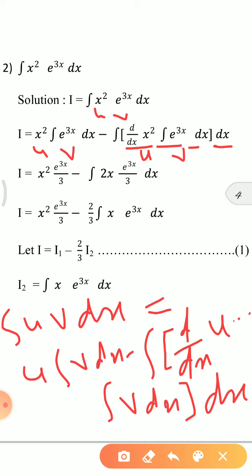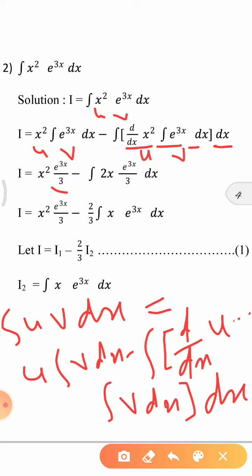Then I is equal to x square into integration of e raised to 3x. We have to apply the integration of e raised to x, but power is 3x, that means e raised to 3x upon 3, minus integration of, we have to find the first derivative d by dx of x square, that is derivative of u here.